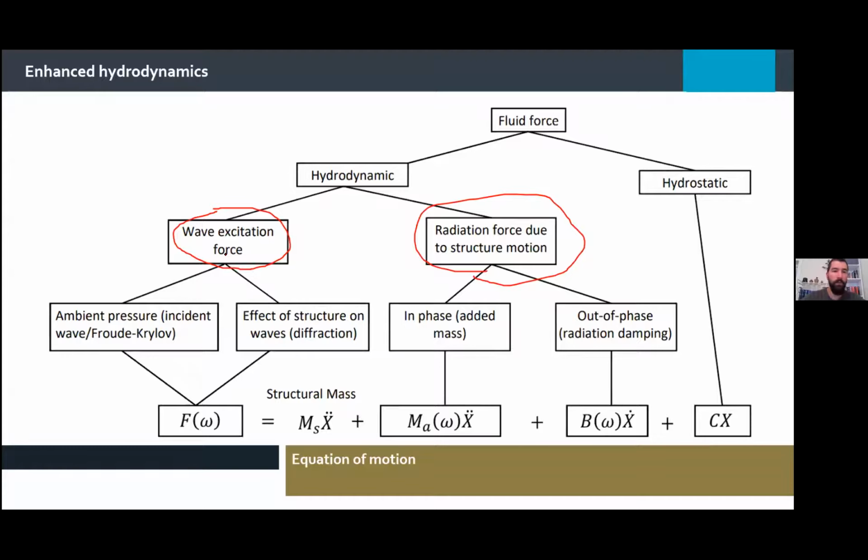Focusing on the wave excitation forces, they are then broken down between Froude-Krylov forces and diffraction forces, which make up the total of the non-viscous wave-induced forces. I'm not going to talk about the entire equation of motion, but this is the basics that I need to go where I'm trying to go.